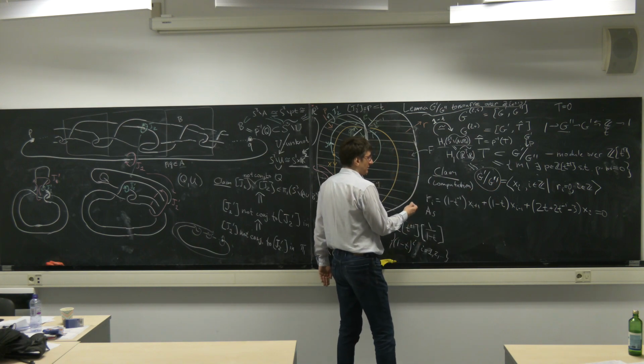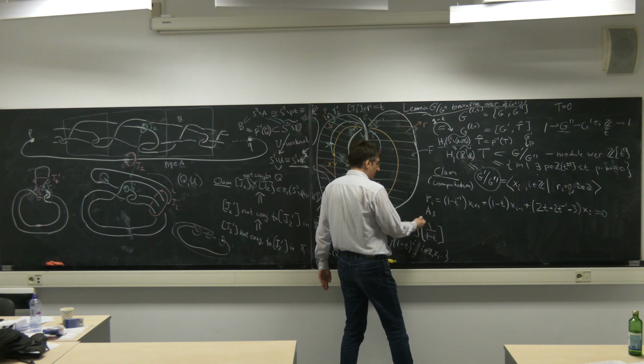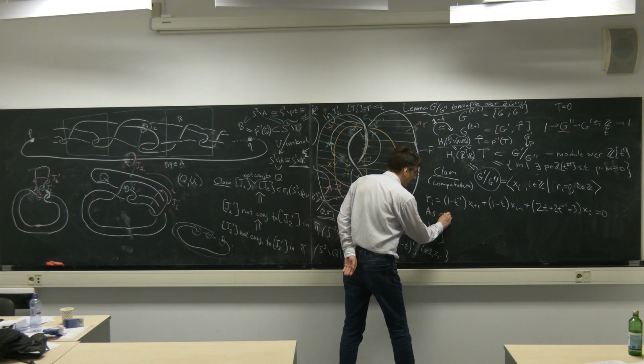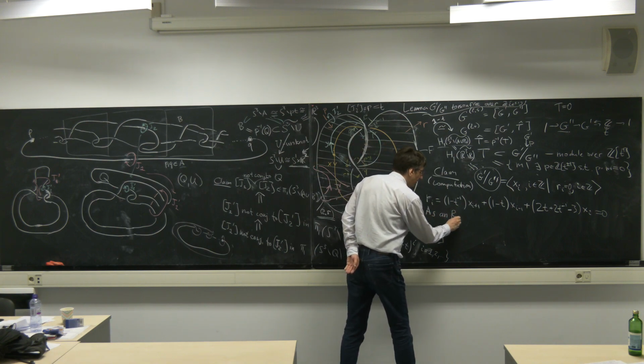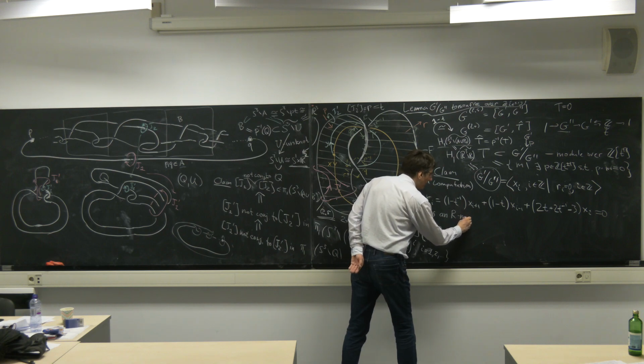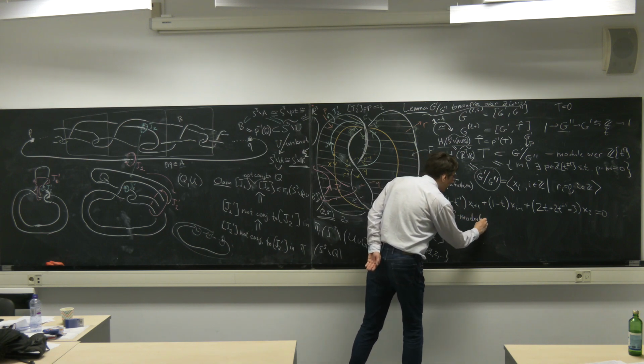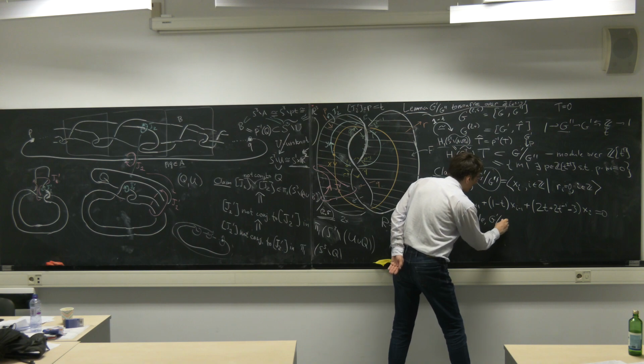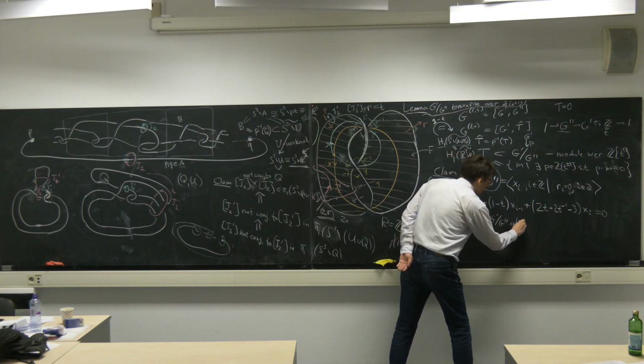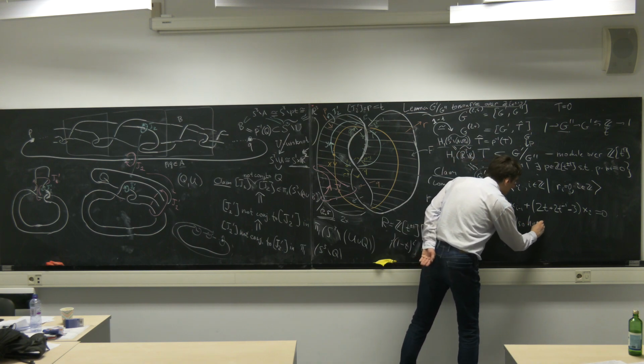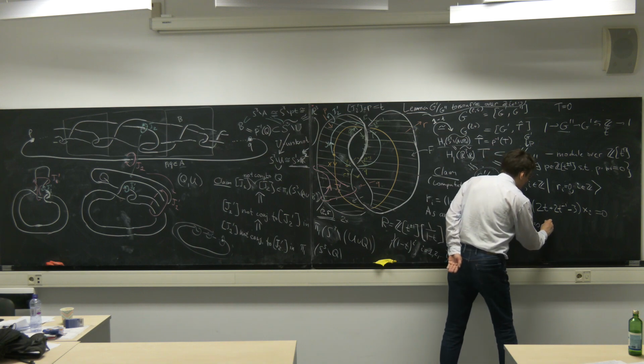But as an R module, it can be simplified. As an R module, G prime over G prime prime also has a simplified presentation.